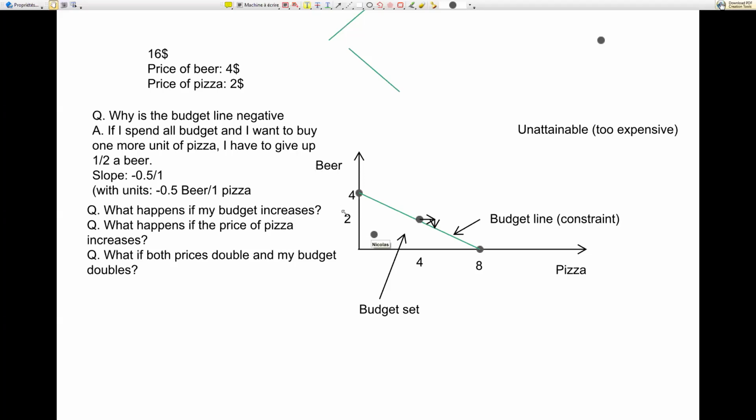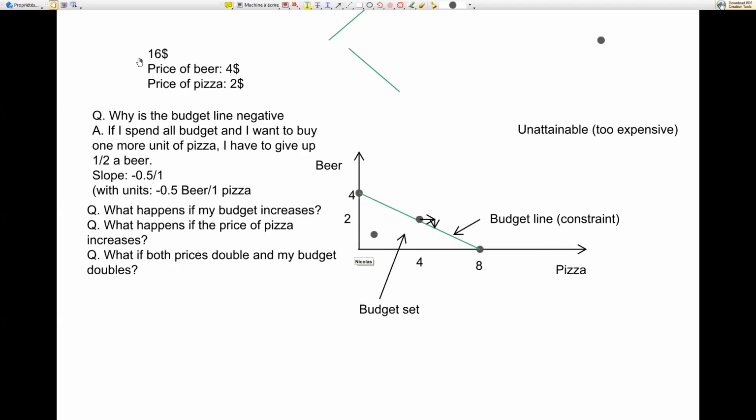A good way to draw this budget line is to just ask ourselves, imagine I consume 0 beer, how many pizzas could I afford? I can afford $16 divided by the price of pizza, $2. So that means that I can afford, if I consume 0 beer, 8 pizzas at most. Same thing with beer. If I consume 0 pizza, how many beers can I have?